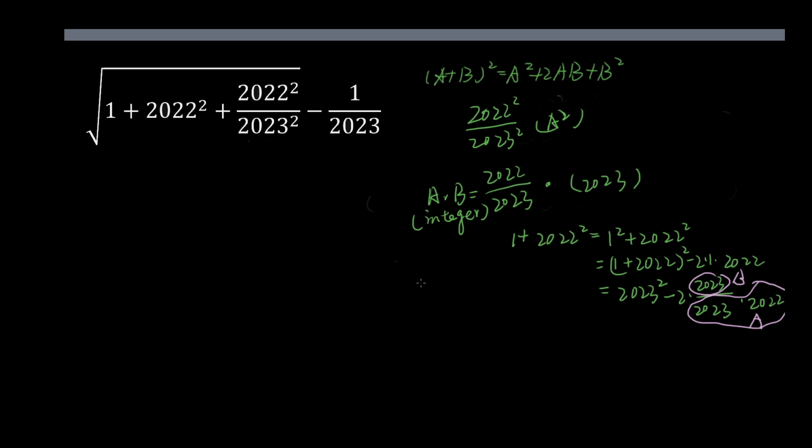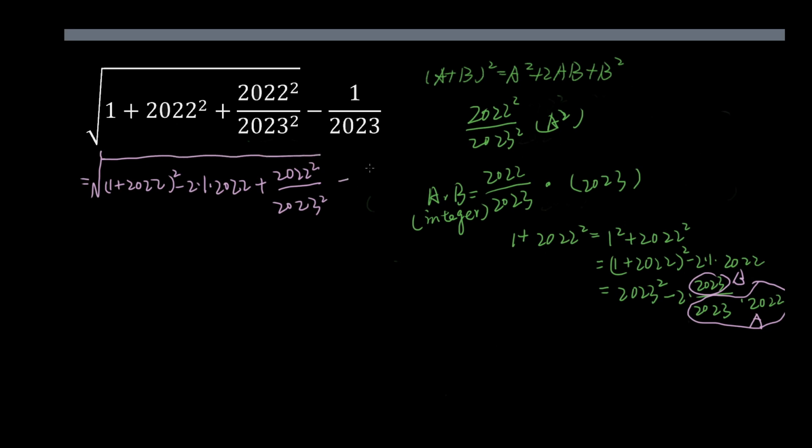So let's solve the problem from the beginning. That is the square root of 1 plus 2022 whole squared minus 2 times 1 times 2022 plus 2022 squared over 2023 squared minus 1 over 2023.